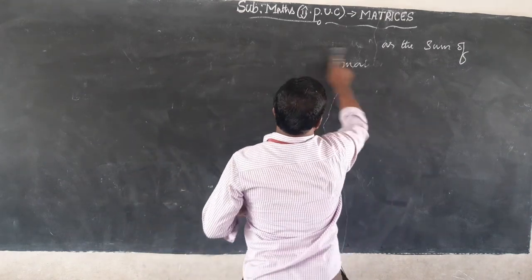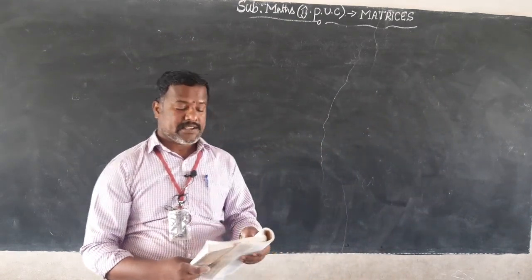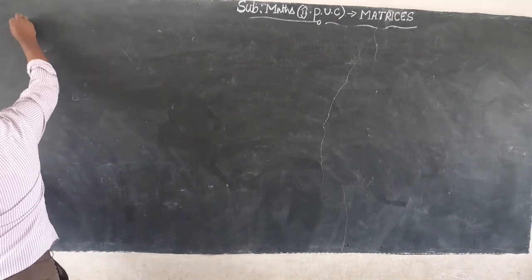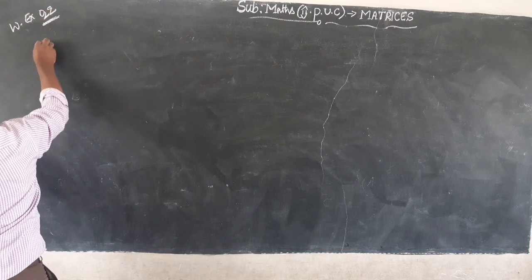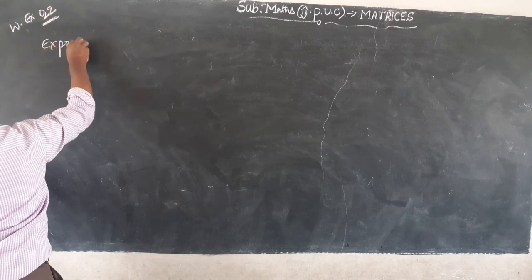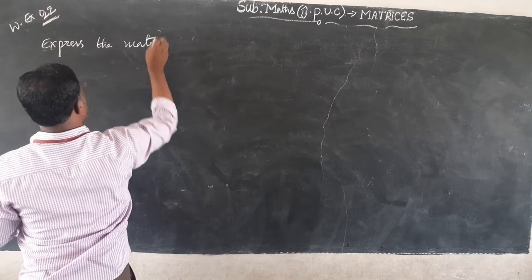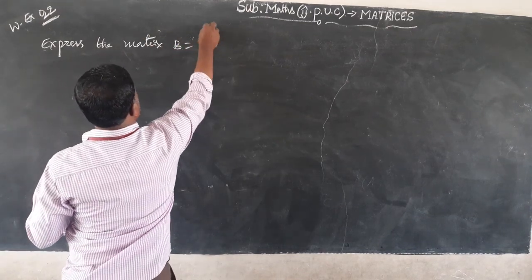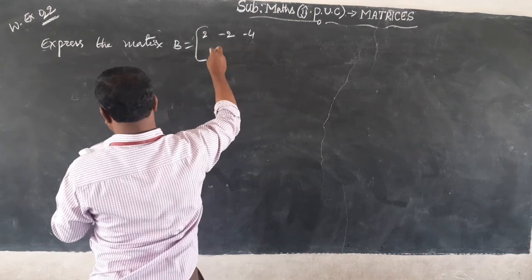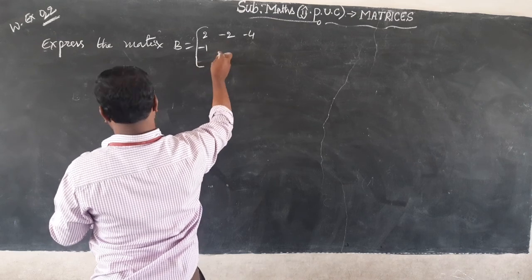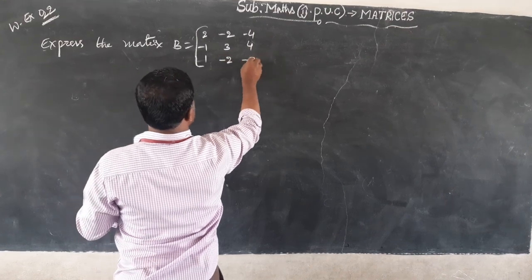Next, let us do one problem according to the text. Page number 87, worked example 22. Express the matrix B, 2 minus 2 4, minus 4 minus 1 3, 4 1 minus 2 minus 3.